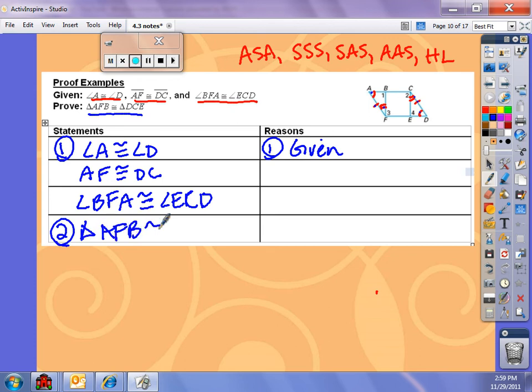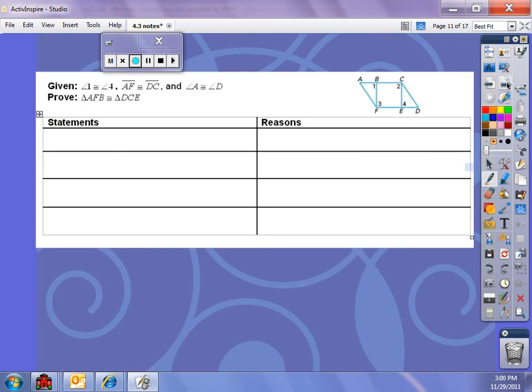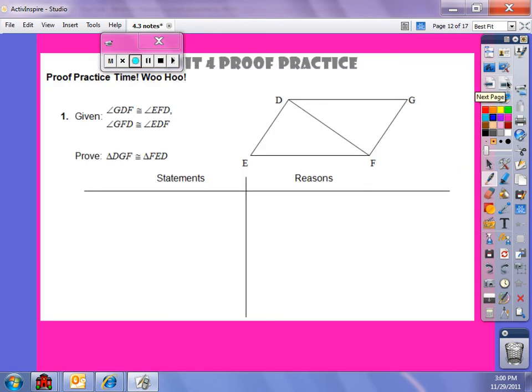Triangle AFB is congruent to triangle DCE, and the reason being angle, side, angle. So there's a baby proof. The second one that we did in class looks very similar, but you're given different information. But again, it's another one of those baby proofs.